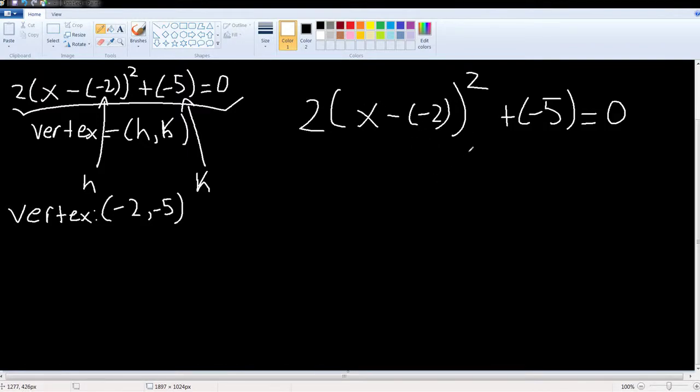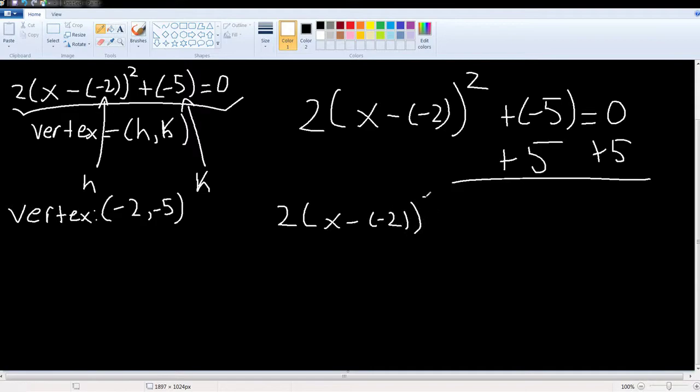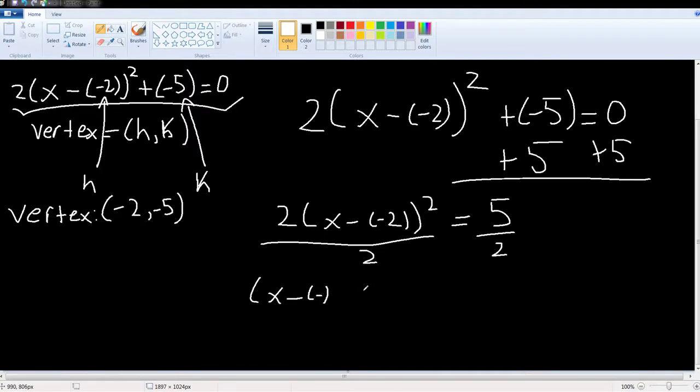Now to solve for x, to find out what values of x will give us y equals 0, we will add 5 to each side. And then we will get 2 times x minus minus 2 squared is equal to 5. We divide by 2. We will get x minus minus 2 squared is equal to 5 over 2.